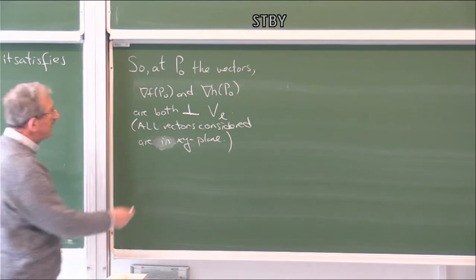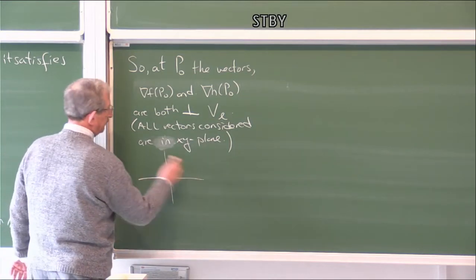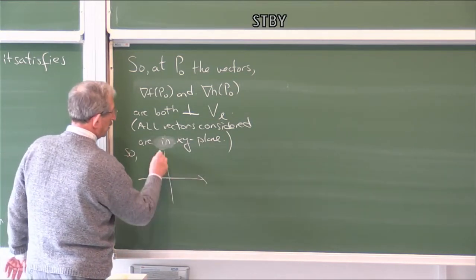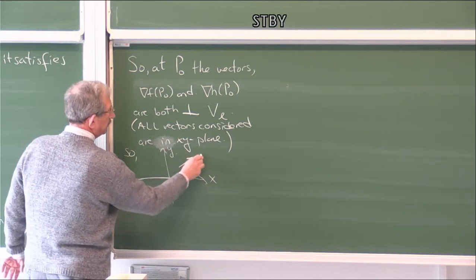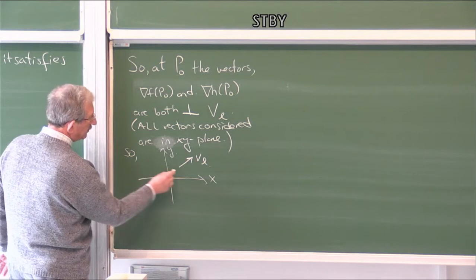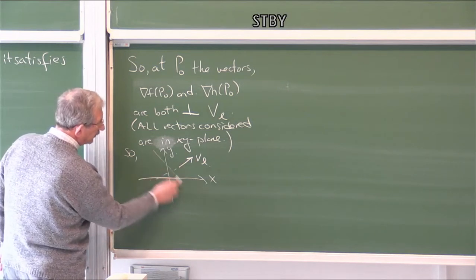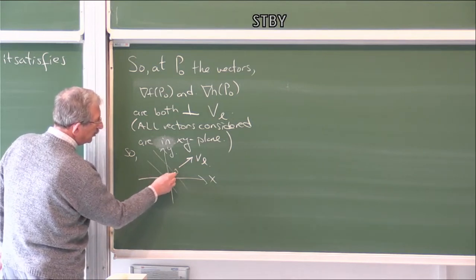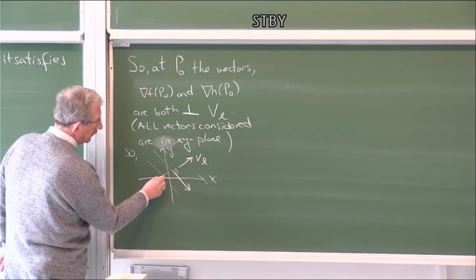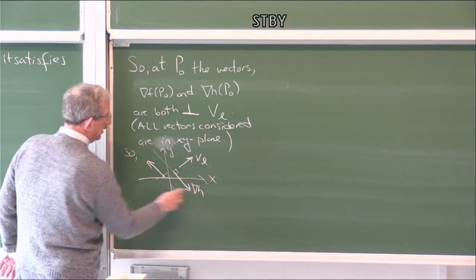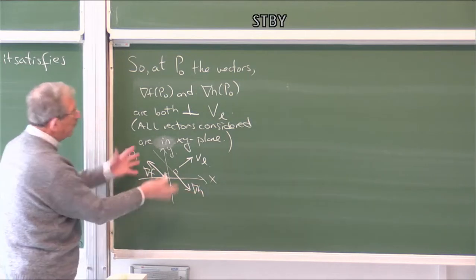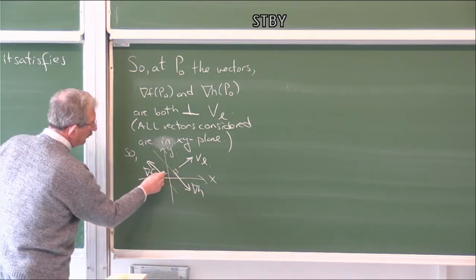Well, what happens then in a plane? If you have a VL and two vectors perpendicular to it, gradient h and gradient f, they are both perpendicular.